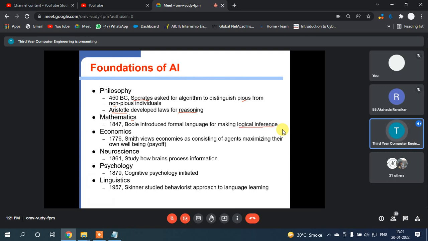Logical inference, we will have this term in third unit. Then from economics, in 1776, Smith views economics as consisting of agents maximizing their own well-being payoff. This is again a term used as part of economy in AI.